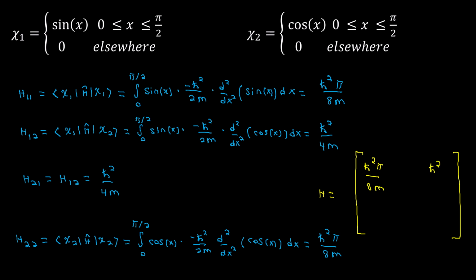And that's going to be h bar squared over 4m. Next, we're going to look at h21, which is going to be row 2, column 1. And that's going to be h bar squared over 4m. And finally, we have h22, which is going to be row 2, column 2. And that's going to be h bar squared pi over 8m. So here we have our full 2x2 Hamiltonian matrix, and that is what we have written in yellow.